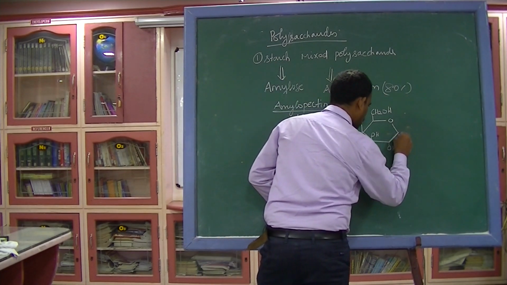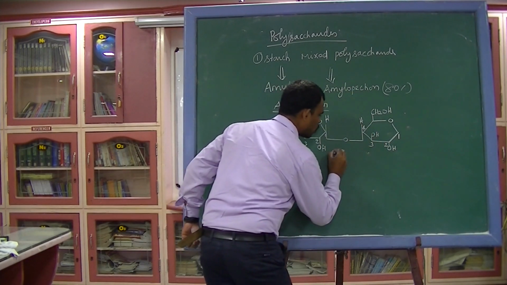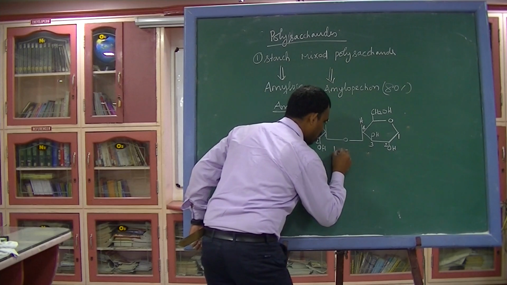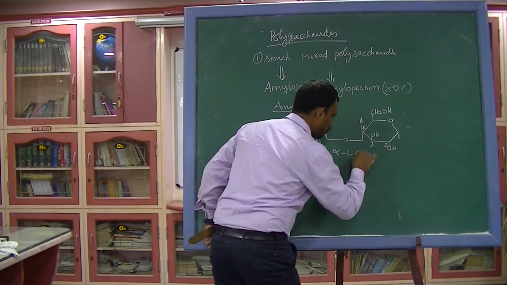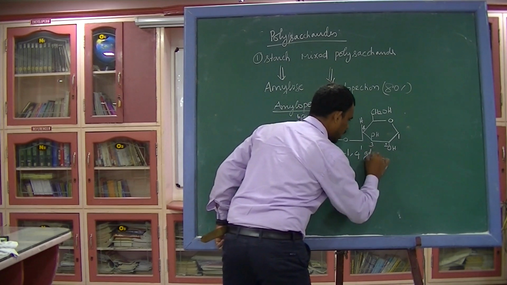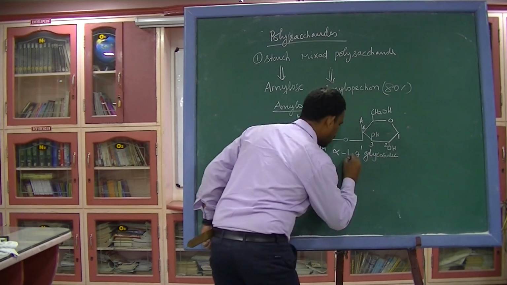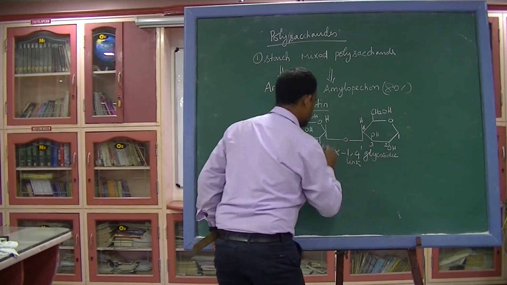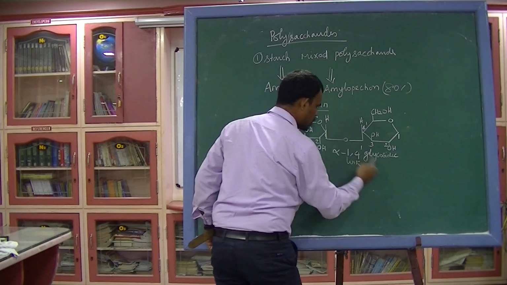This is carbon number 1, 2, 3, 4. So again in this you have a linkage, that is alpha 1,4 prime glycosidic link. So this is alpha 1,4 glycosidic link.